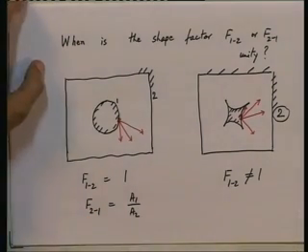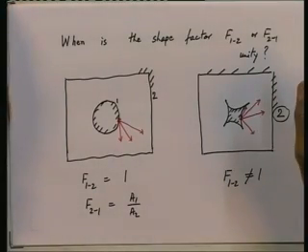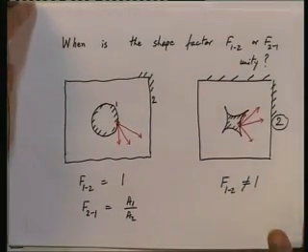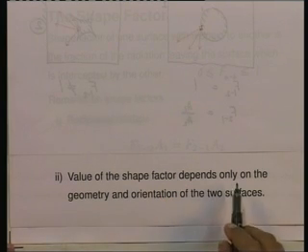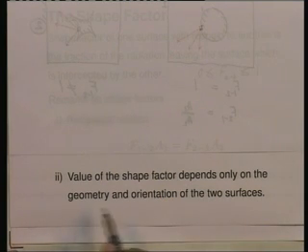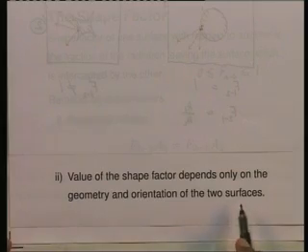So, that is the first remark that we want to make about shape factor. The second remark which I want to make about shape factor, and which is rather important, is the following. The value of the shape factor depends only on the geometry and orientation of the two surfaces.